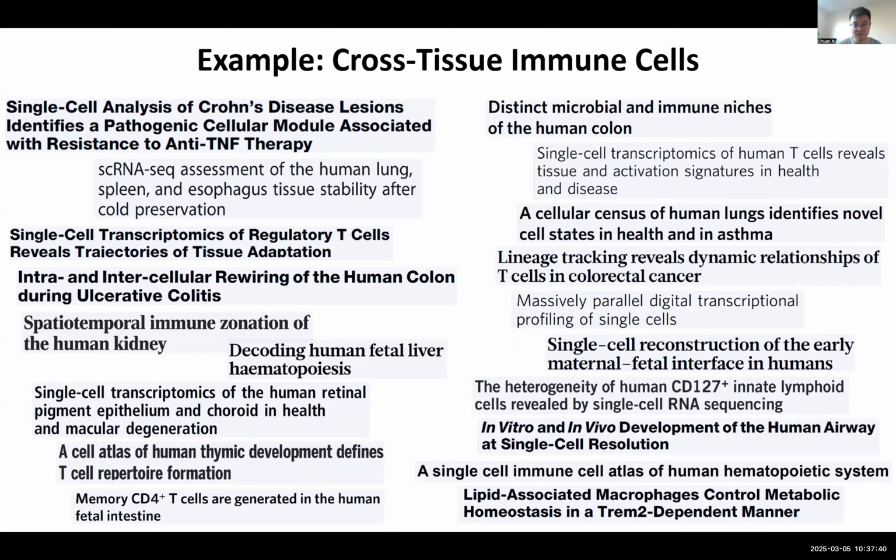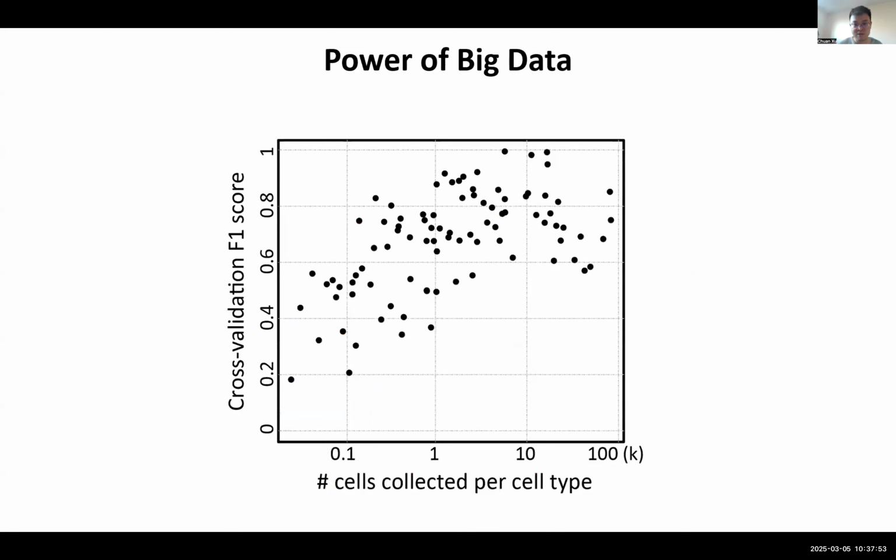And some of these datasets did not contain pure immune cells, so we extracted immune cells from these datasets. Through modeling these datasets using CellTypist, you can see a clear trend that when we collect more cells for a given cell type, its cell type prediction accuracy also increases. So in total, big data naturally empowers knowledge acquisition.